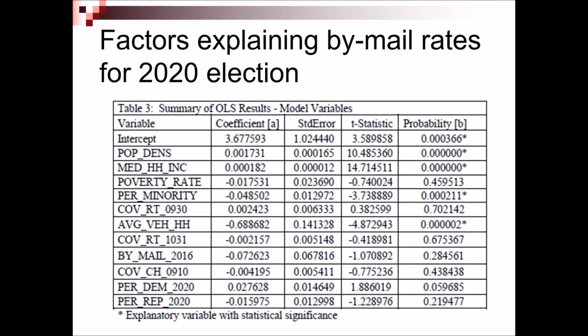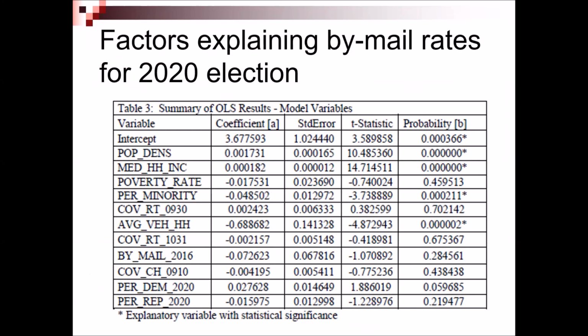So all we're doing here is running things like two-tailed t-tests. We did hotspots of by-mail and cold spots of by-mail, and figured out, is there a difference in income, poverty, and minority between these? We've done this before with two-tailed t-tests, but this is the result of our regression analysis.